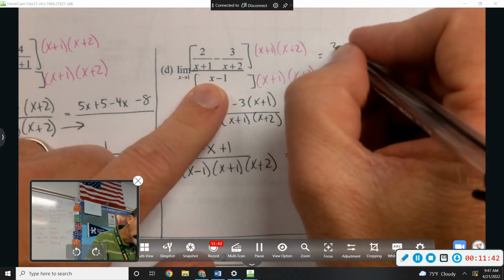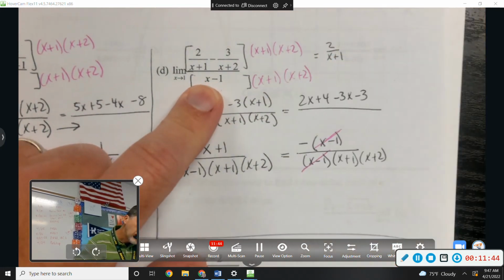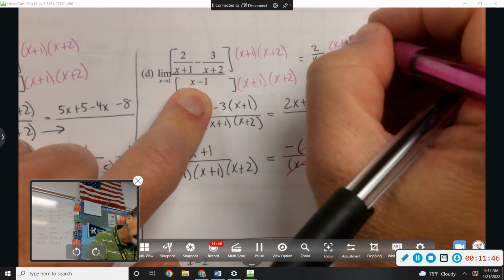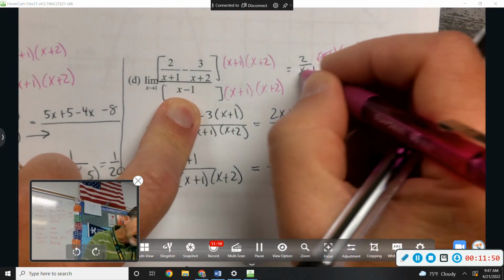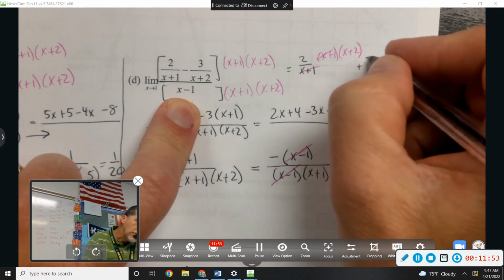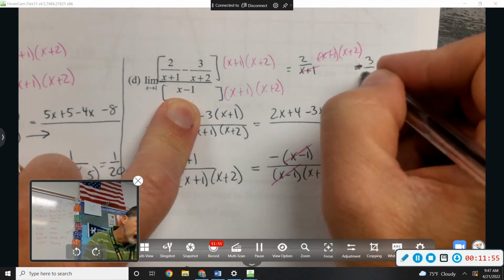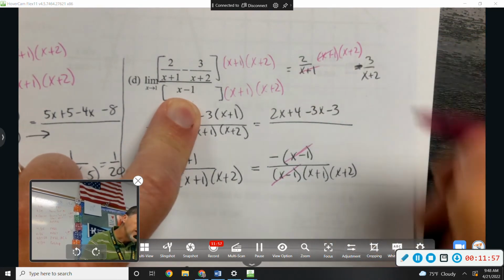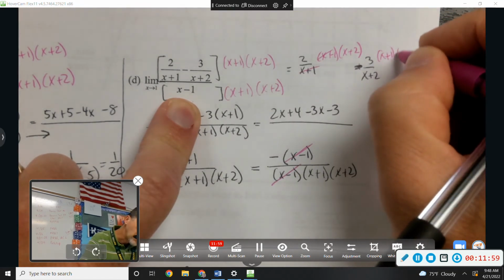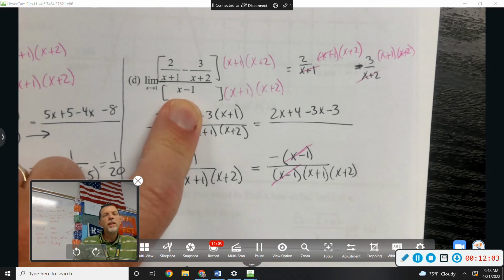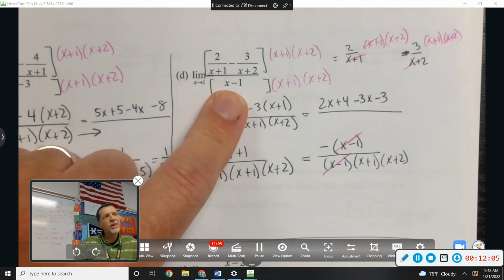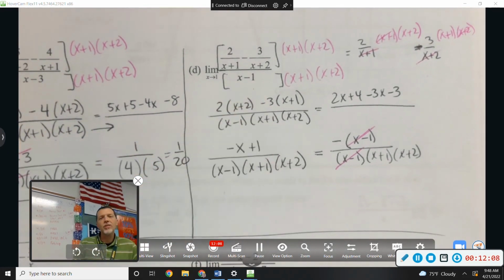I'm going to multiply 2 over x plus 1 by x plus 1 and x plus 2. So the x plus 1's cancel. And then I multiply 3, minus, over x plus 2 times x plus 1 and x plus 2. And the x plus 2's cancel. I just don't usually show that step. I just look and see what cancels and write what's left.